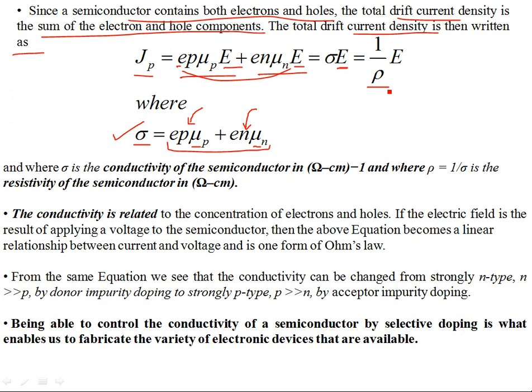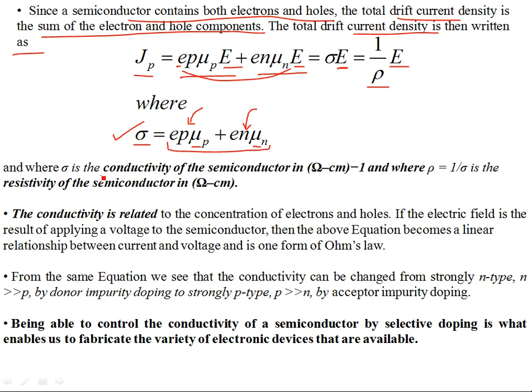One way to look at this equation is as Ohm's law: if a voltage is applied to a semiconductor, it results in the conduction of current due to both holes and electrons, and their mobilities and concentrations are what contribute to the conductivity of the material.